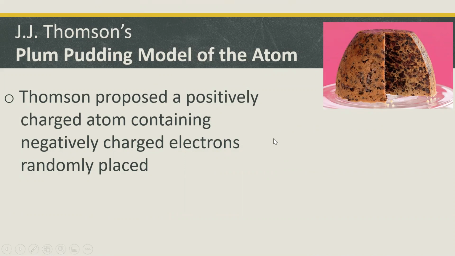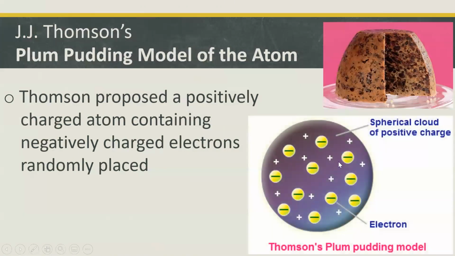And he thought these negative electrons were randomly placed. So this is what he thought the atom looked like. This purple part is all positive. Think of it like a cookie. And then the electrons were randomly placed negative, like chocolate chips. So they call it the plum pudding model because plum pudding is the bread and then randomly placed fruit bits.